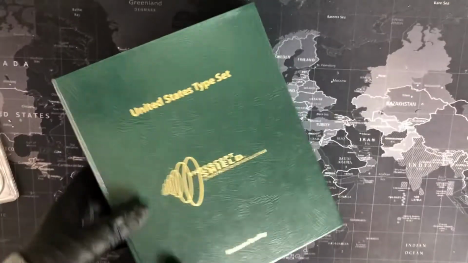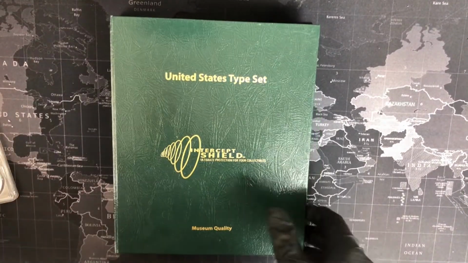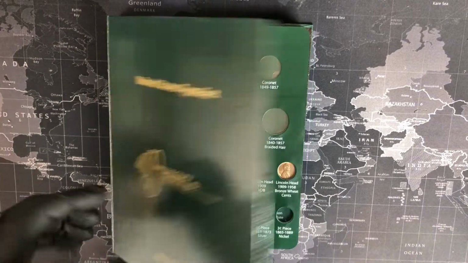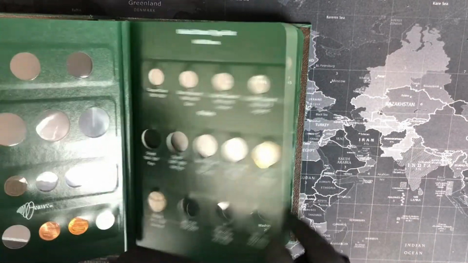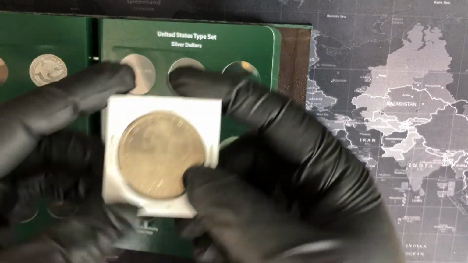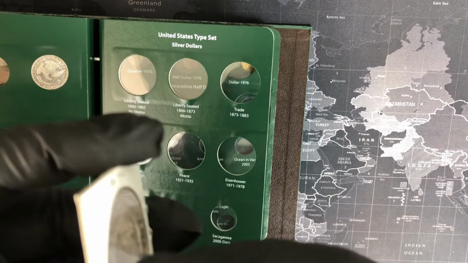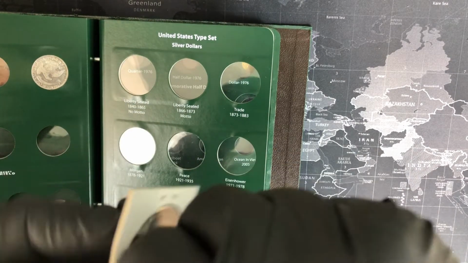And like I said in my introduction, I am very, very excited because today's edition means we now have coins on every page. So let's flip over to the dollar page here. Let me break this out of its flip. And I gotta remember which side of there is the opening.